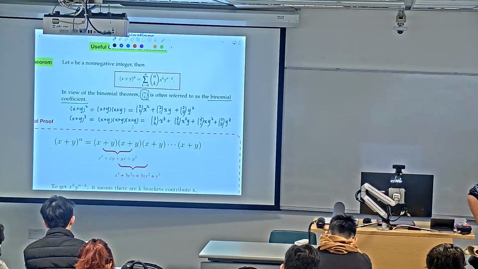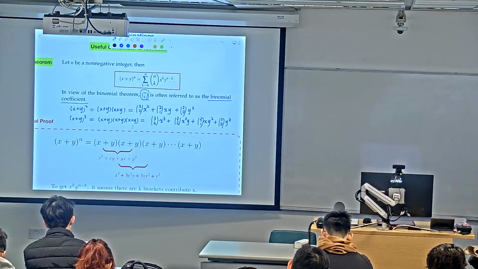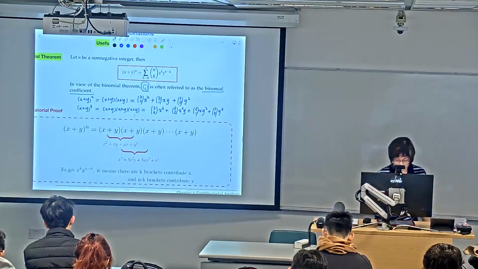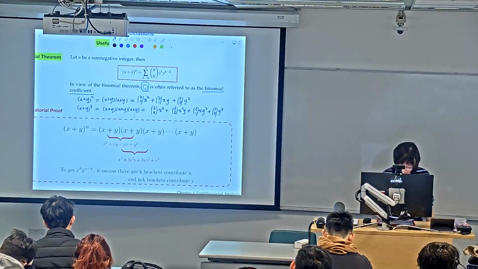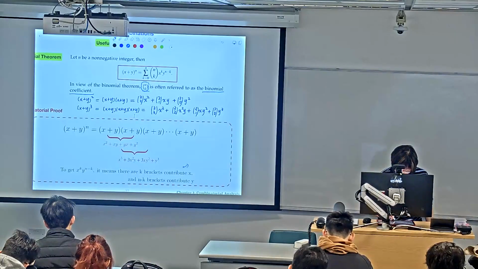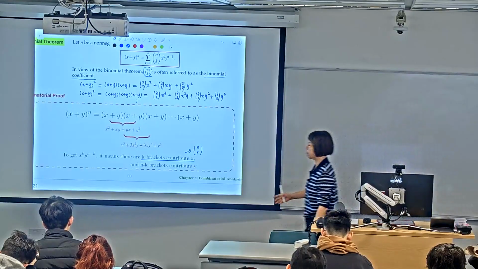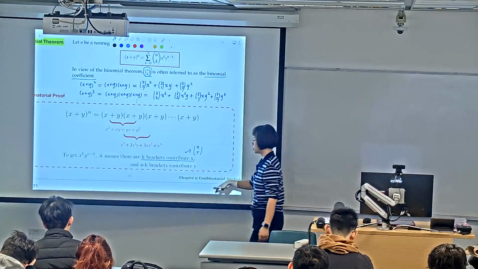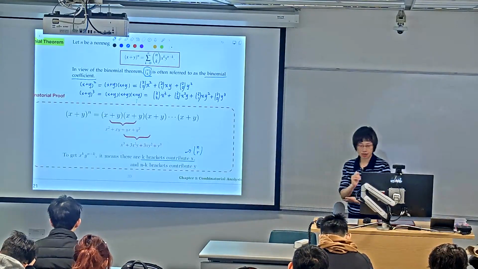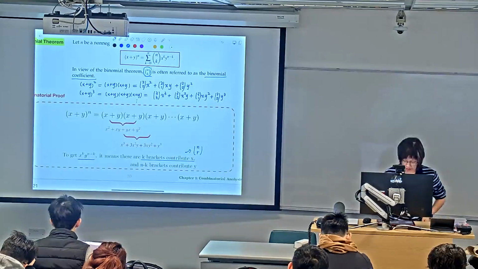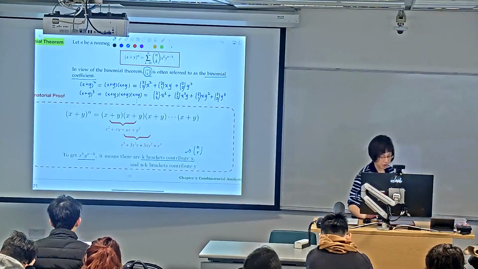We just choose k brackets from these n brackets to contribute x terms in the expansion. So we get n choose k ways. And for the remaining n minus k brackets, we just assume they automatically contribute the y terms. Okay, so that's how we prove the theorem.